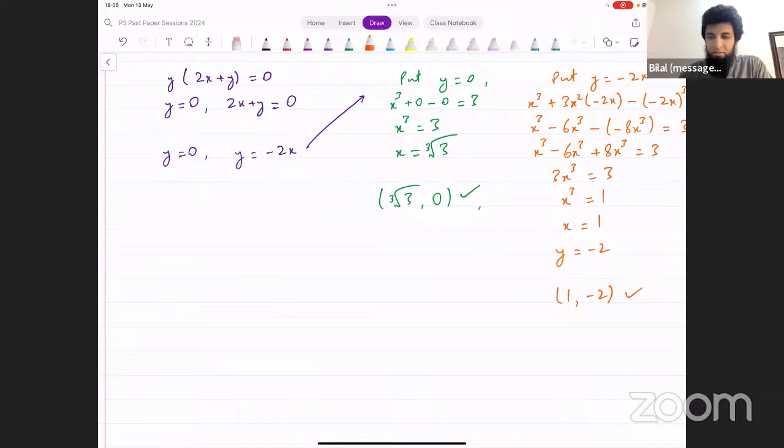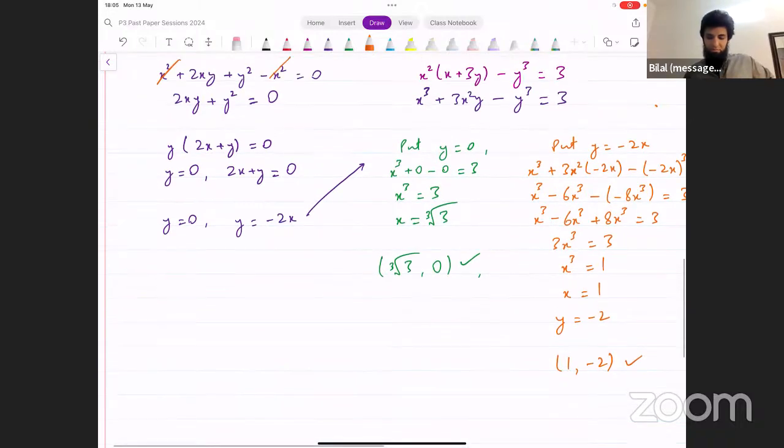Sir, I wanted to ask, if we multiply the equation of the curve, like x square with the whole bracket, can we still solve the equation using product rule?